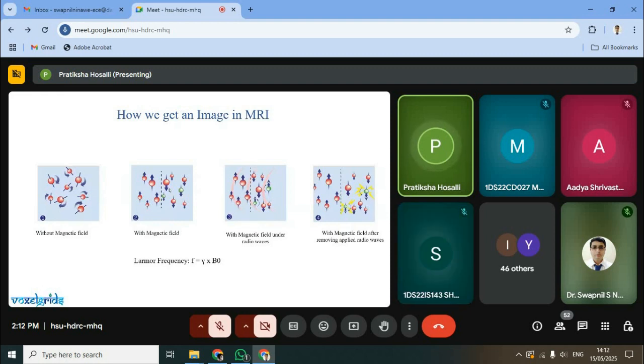After placing that, we emit radio frequency waves. If you see the green protons, that is the net magnetization, when we apply a radio frequency to our body.